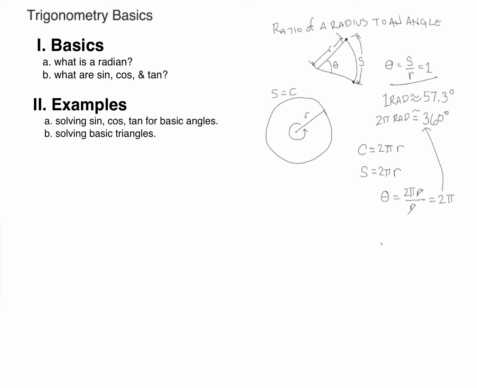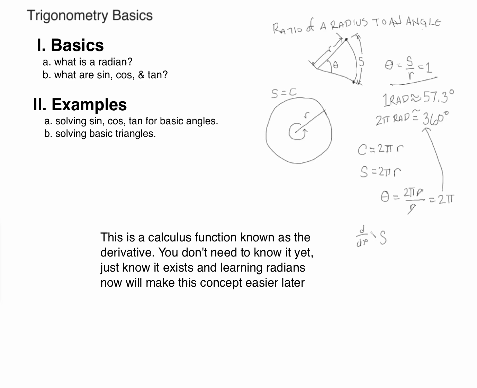For example, we will later talk about sines and cosines, and if we wanted to take the derivative, we call it d over dx. Don't worry if it doesn't mean anything to you now. I'm just explaining this. D over dx of sine of x is going to equal cosine of x if you're using radians.